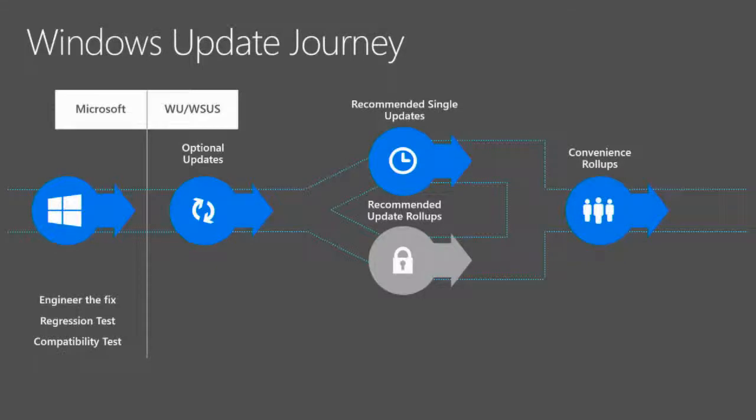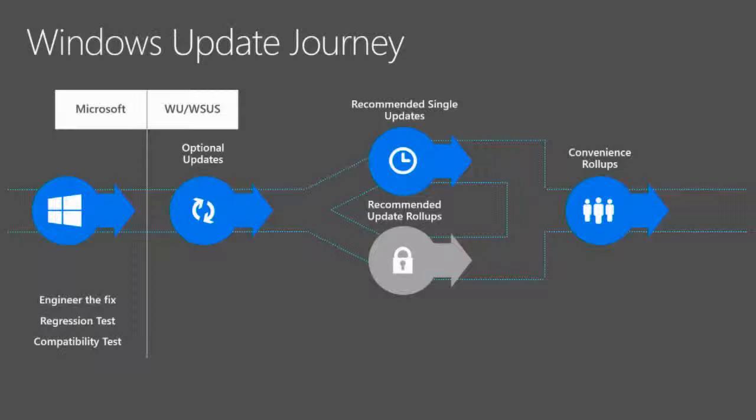So a Windows update follows a journey. Obviously, at first, it's engineered at Microsoft and tested. And we do a lot of app compat and device compat testing, etc. Once it switches across the wall and it's no longer within Microsoft, it gets published to Windows Update and through that channel to WSUS as well.